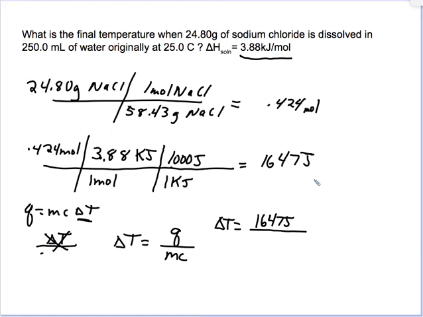Now, one thing about the mass, whenever you're doing solution types of problems like this, you have to take the mass of the solute, which is 24.80 grams, that's the sodium chloride, plus the mass of the water. And you add that all together. So I get 274.8 grams is what we would use.